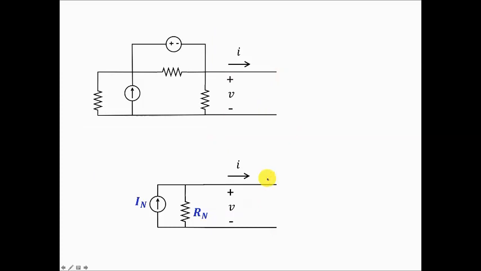So we're going to consider these equivalent circuits, and we're going to use that equivalency to figure out what is IN and RN. So equivalency means that electrically they behave the same no matter what I attach between the two terminals here. So let's first not attach anything and look at what happens when we leave these two circuits in an open circuit configuration.